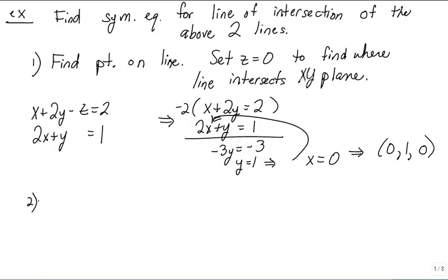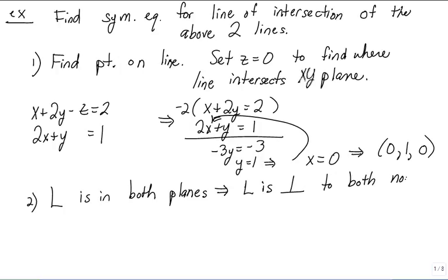Well, the line has to lie in both planes. I'll call it line L; it is in both planes because it's the intersection line. And L is orthogonal to both normal vectors. Remember, the normal vectors are orthogonal to the planes, so if L is orthogonal to something that's orthogonal, it has to be flat, or in that plane.